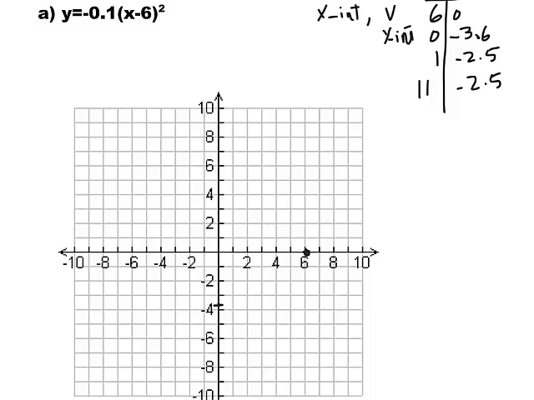When x is 1, y is negative 2.5, which is going to be around here. And when x is 11, y is negative 2.5, so it's going to be a point around here. So our graph is going to look like this. This is our graph.